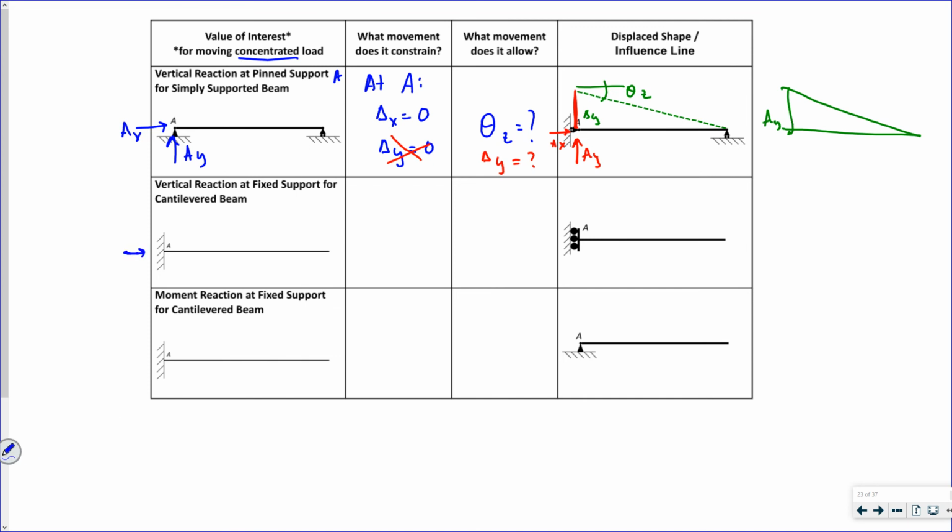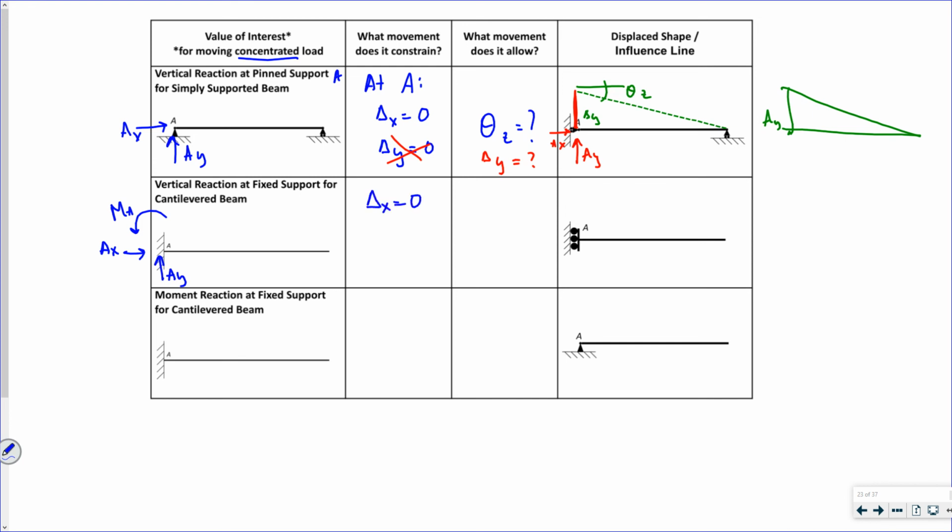I've got a horizontal reaction, AX, a vertical reaction, AY, and a moment at A. At A, this support, right?